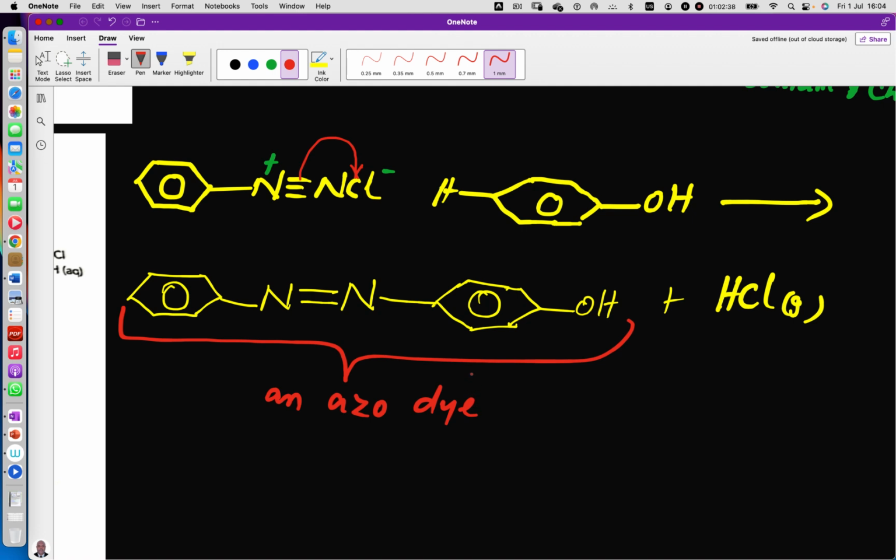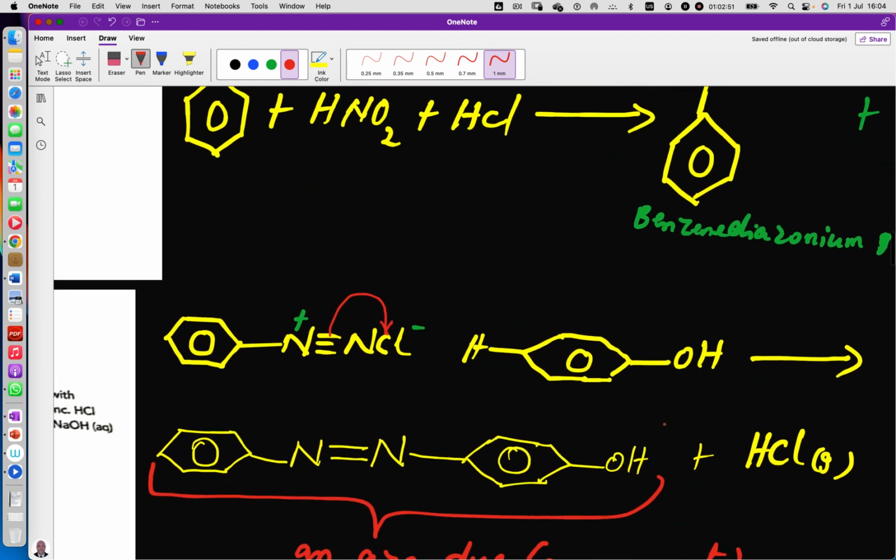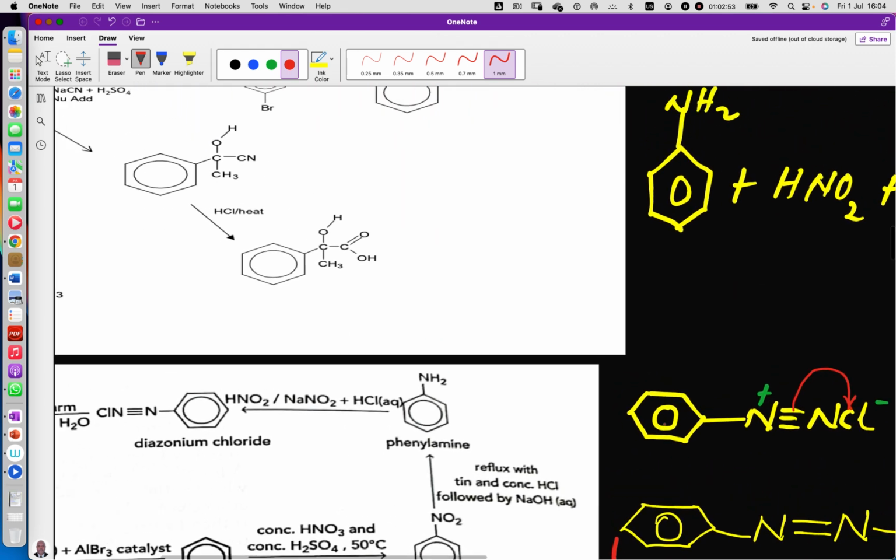And this is an orange precipitate. So that is how you can produce this compound from here.